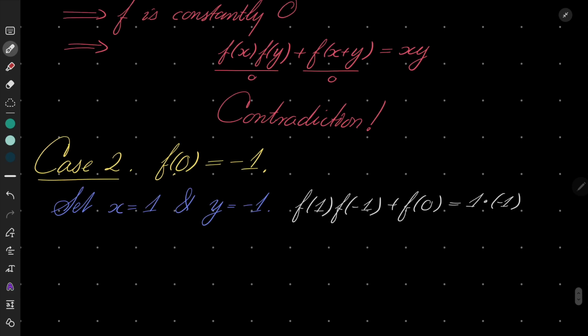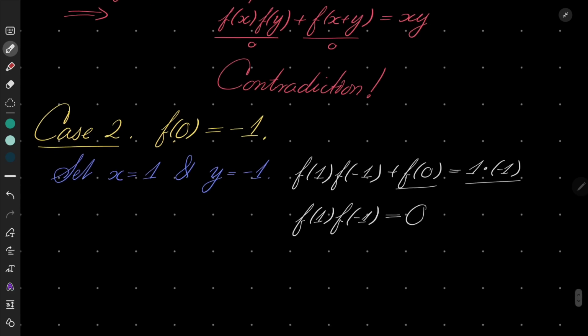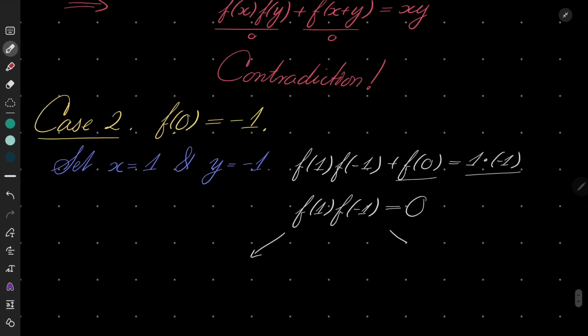Now let's notice that here we have minus 1 and here we have minus 1 as well, so f(1) times f(minus 1) equals 0. Again, we have two possibilities: either f(minus 1) is 0 or f(1) is 0.